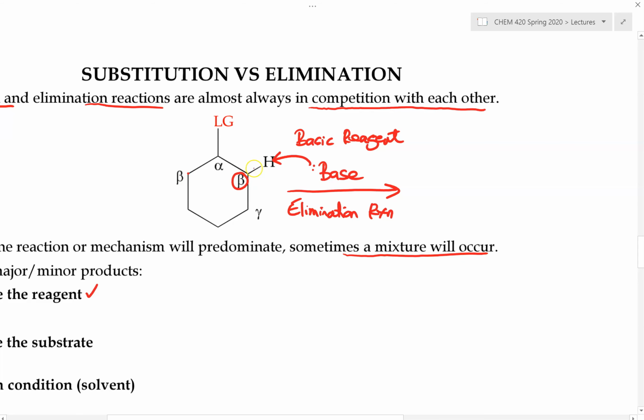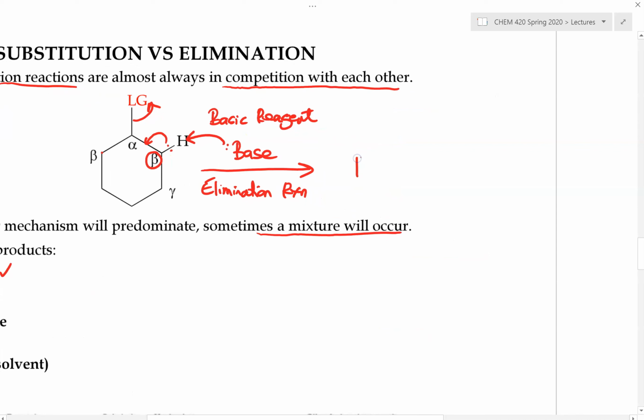The electron is then donated in and kicks off the leaving group. So on the product, what will be made would then be an alkene, where the double bond is now formed between the alpha and the beta location. And we will also have our leaving group taken off with the electron, and now the base will then have the hydrogen to it.